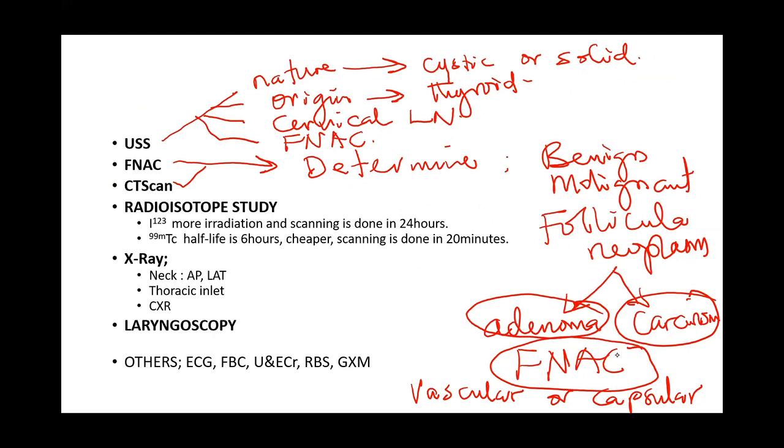Now, the radioisotope study. You use either iodine 123 or technetium 99 for radioisotope study. It is called a thyroid scan.